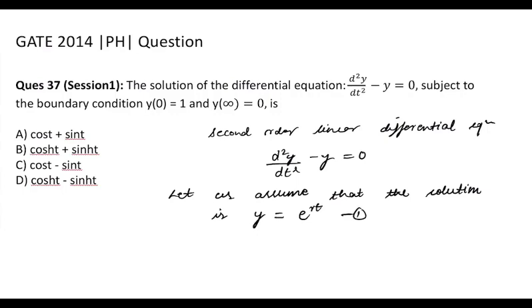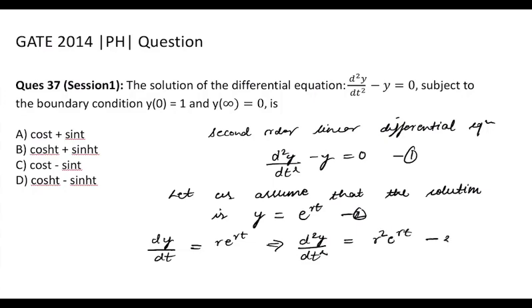Now we'll put this exponential rt in the original equation, that is equation number 1. We can write this as equation 2. We compute dy by dt, which is r times e to the power rt. Therefore d2y by dt square will come out to be r square e to the power rt.